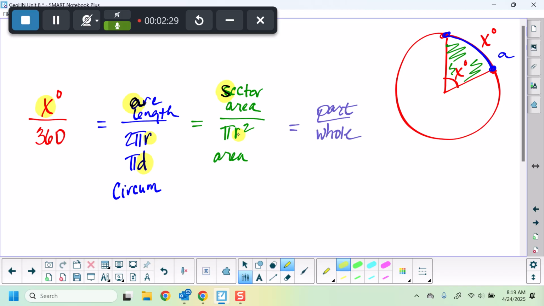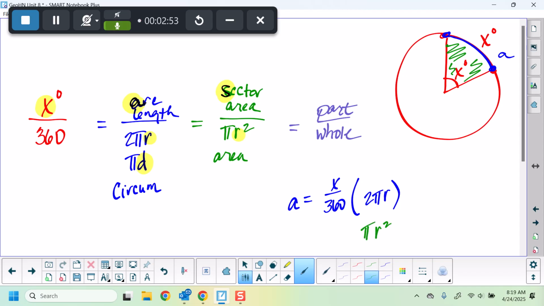If you are an equation person, you need to understand that even though we write an equation similar to this, where your arc length is equal to your part of your whole, and if you're talking about area, your whole is pi r squared, any one of those variables is fair game.